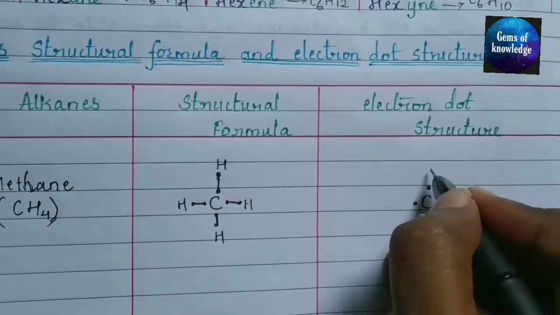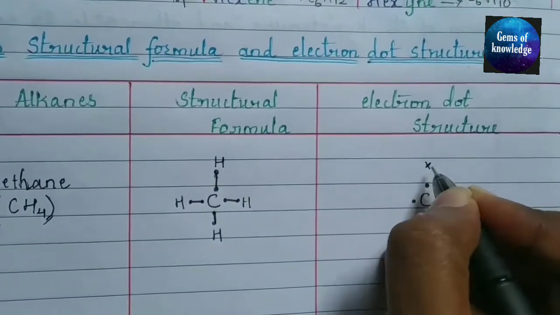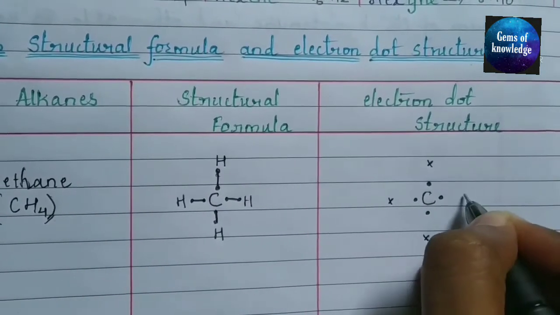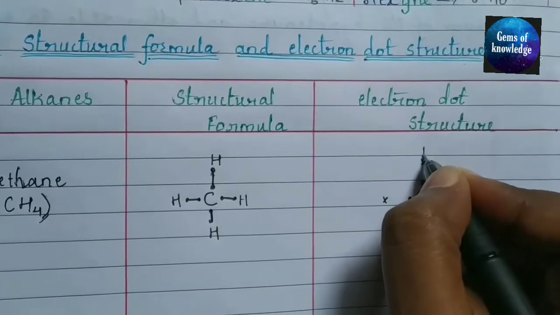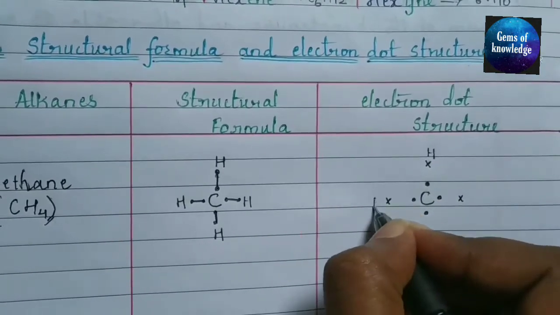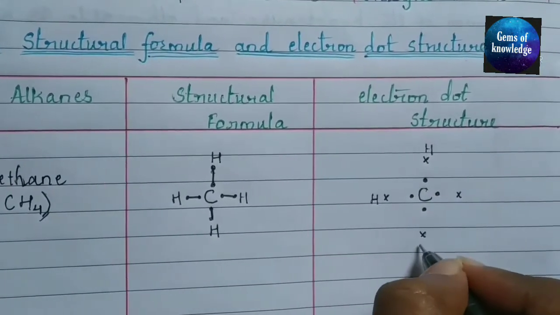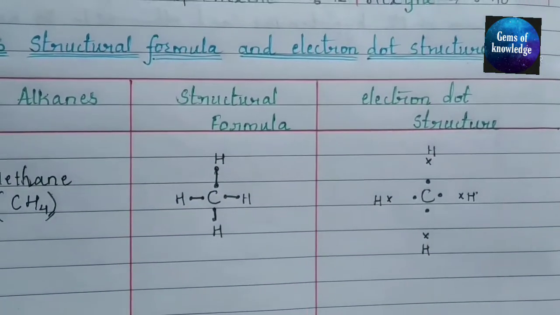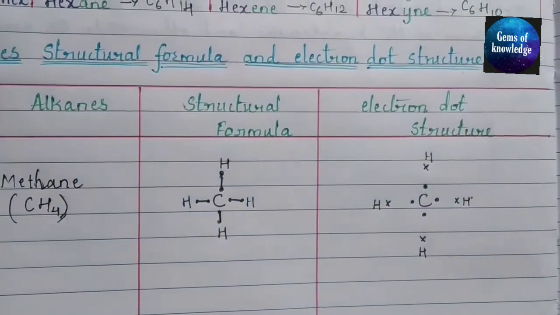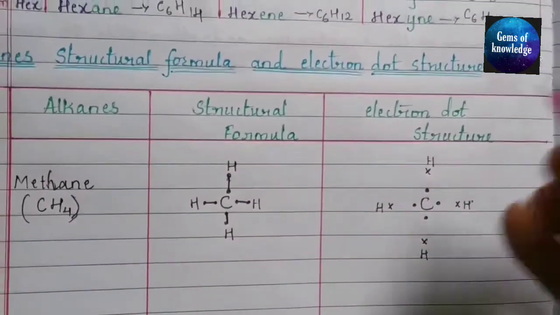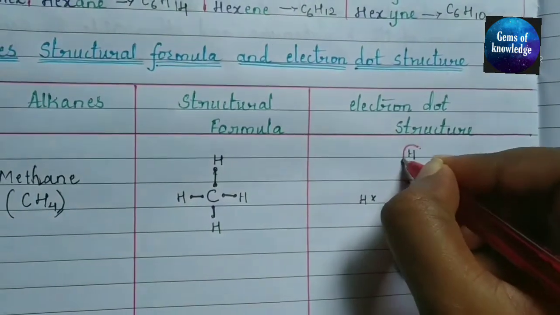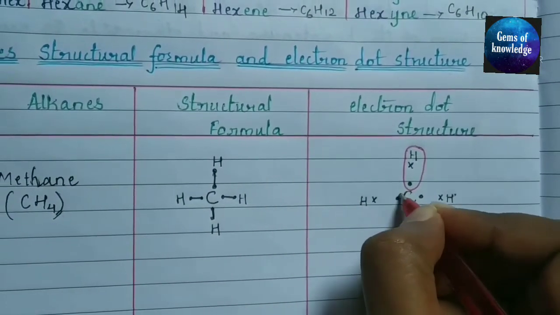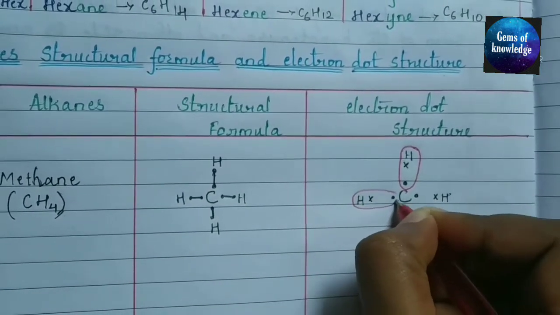Next, let us mark an X for hydrogen atoms. So this is hydrogen, this is hydrogen, this is hydrogen, and here we are having one more hydrogen. So now what we have to do, this hydrogen will make a bond using these 2 electrons. Similarly, this hydrogen will make a bond.